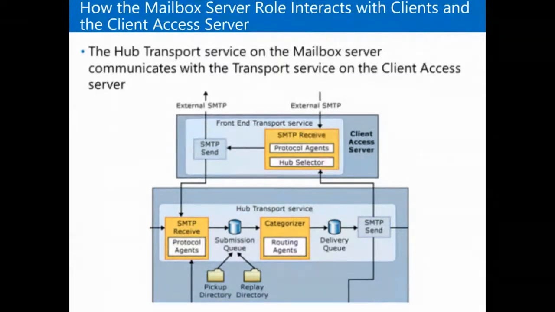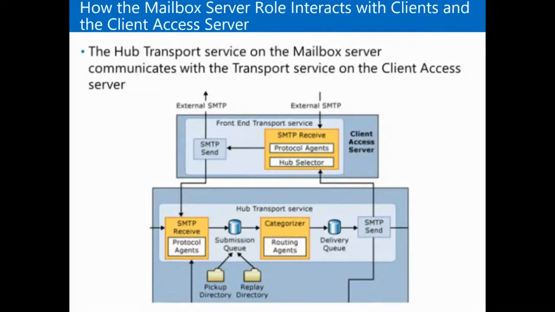As you know, in addition to its communication with the Active Directory domain server, the mailbox server role communicates intensively with the client access server. This communication always takes the same path, even when the client access server role is installed on the same server as the mailbox server role.